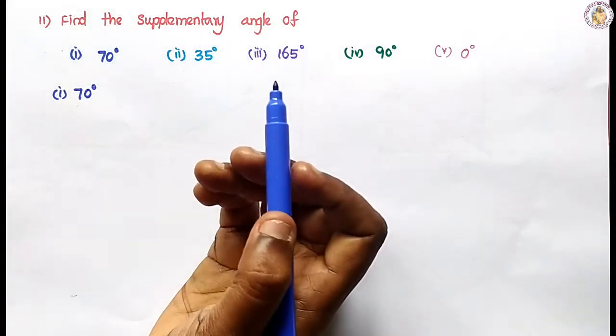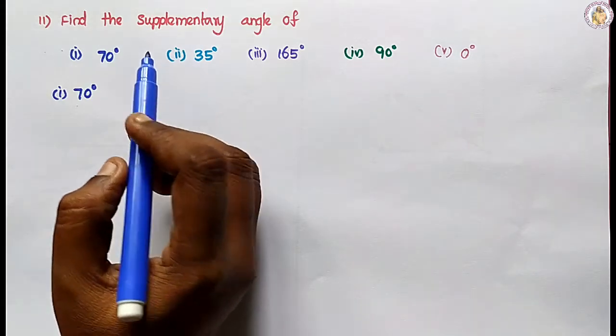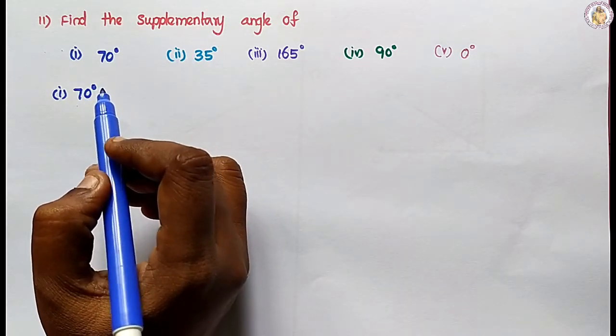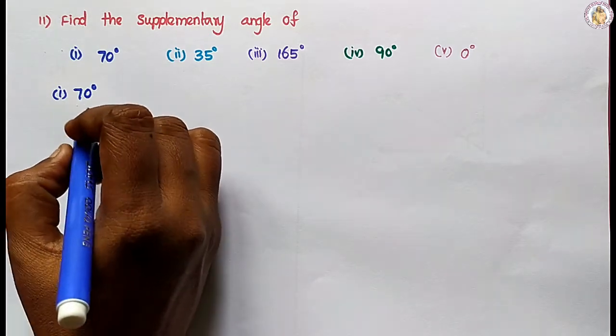11th one, find the supplementary angle of 70 degree. Supplementary angle means like complementary angle, if we add two angles it should come 180 degree.